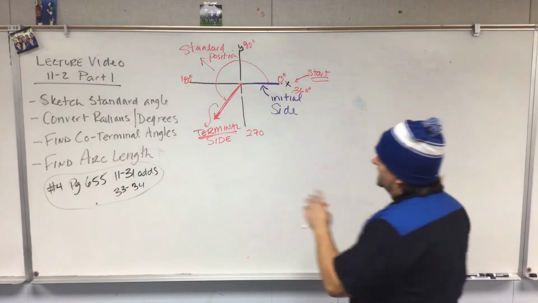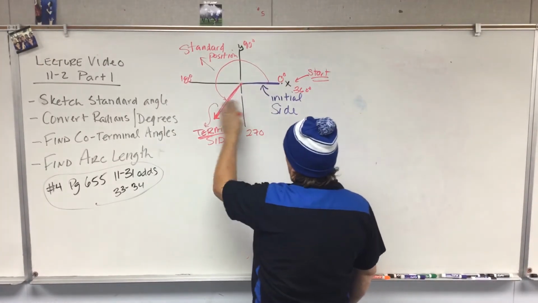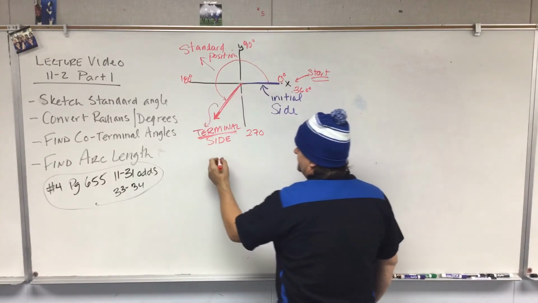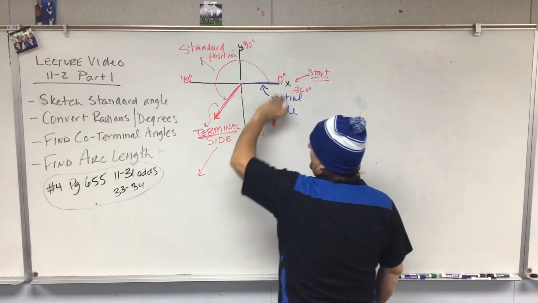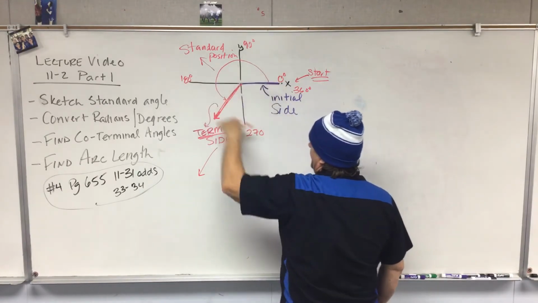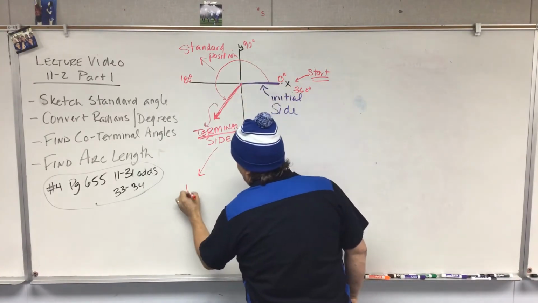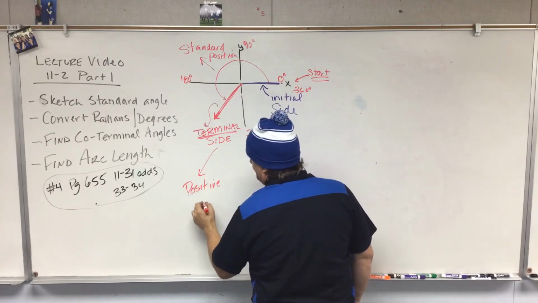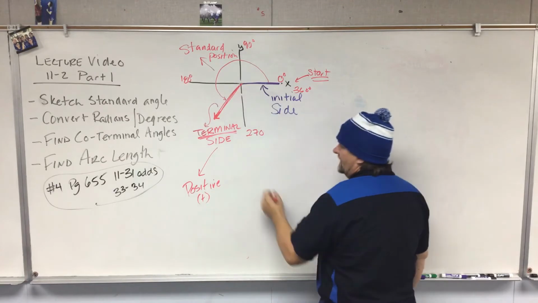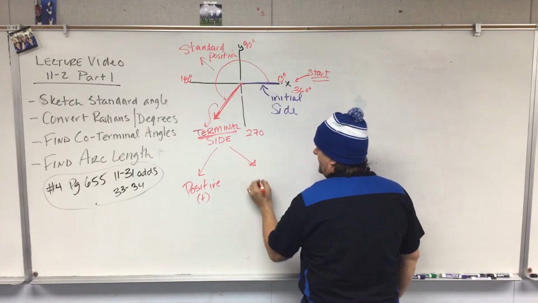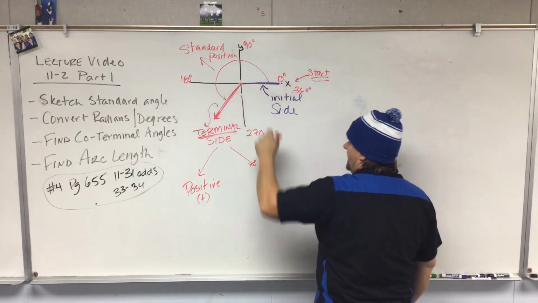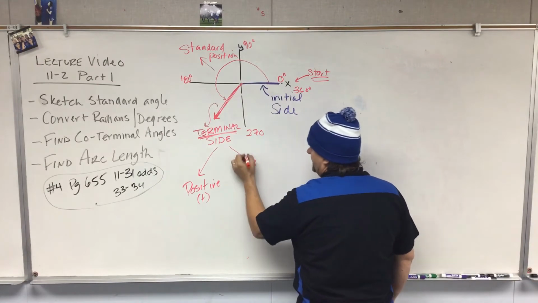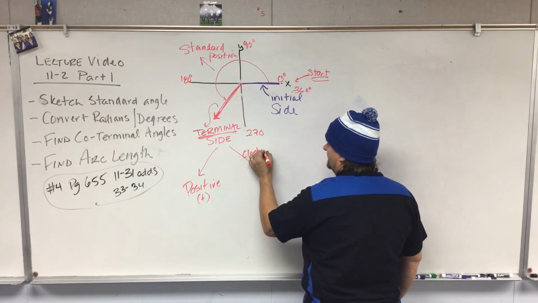Now, this terminal side can travel 2 directions. So if it travels counterclockwise to the left like this, that's a positive direction or a positive angle. If it goes clockwise, so let's write clockwise here.